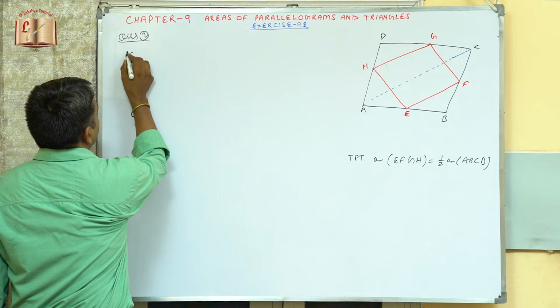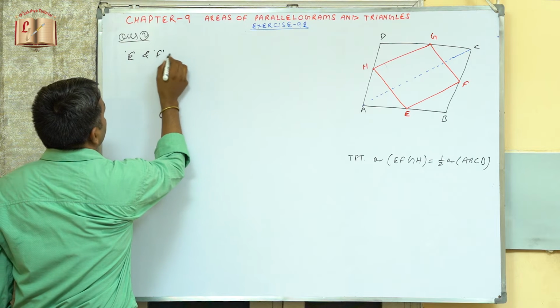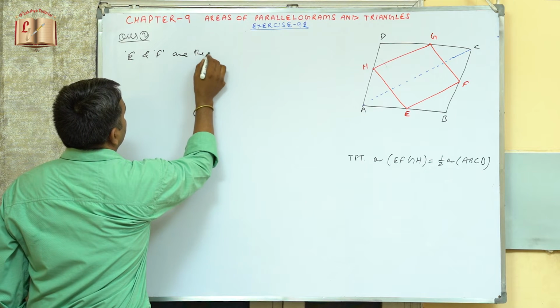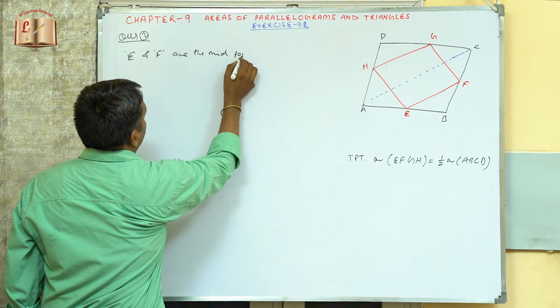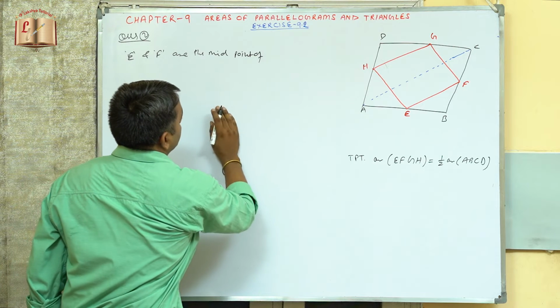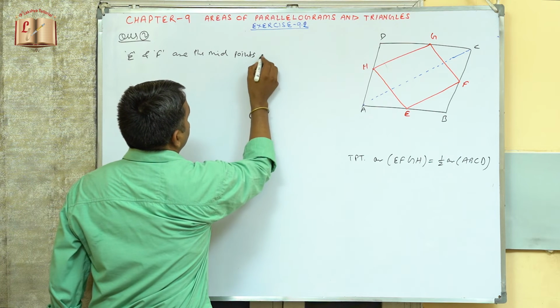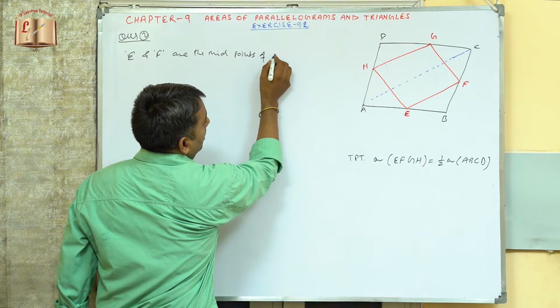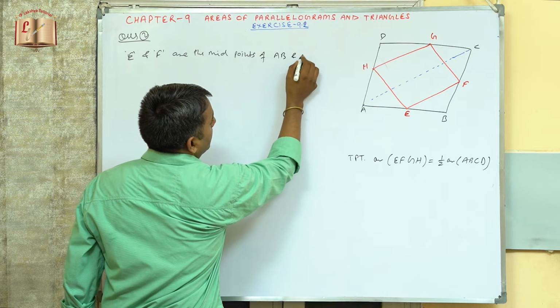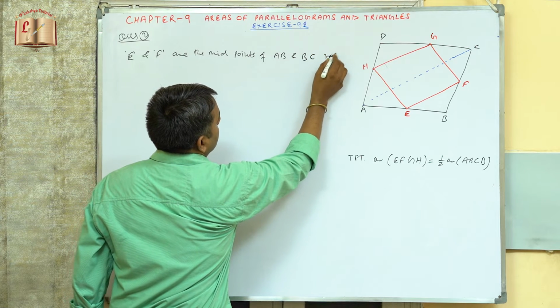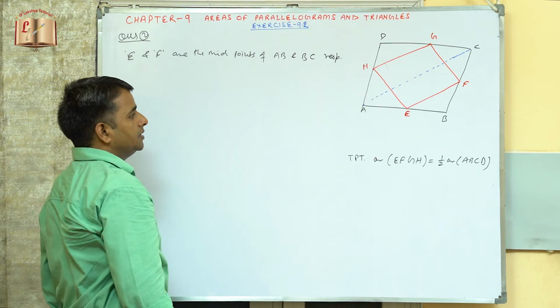Now E and F are the midpoints of AB and BC respectively.